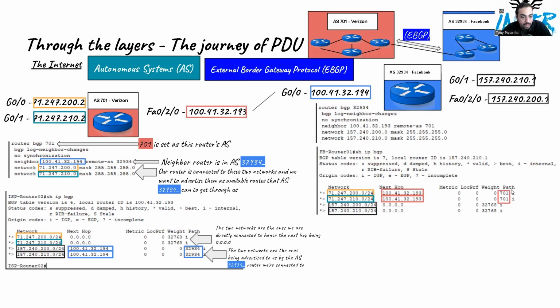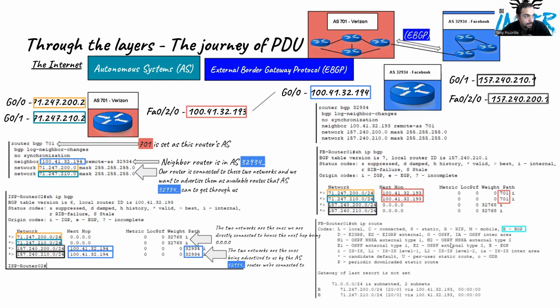And then you can see here that the next hop, which is us, shows that the AS number is 701, right? So that shows up right there. And the Facebook router's IP routing table also shows the BGP routes we advertise to it. The B next to the routes lets you know that BGP is how these routes are entered into the table.